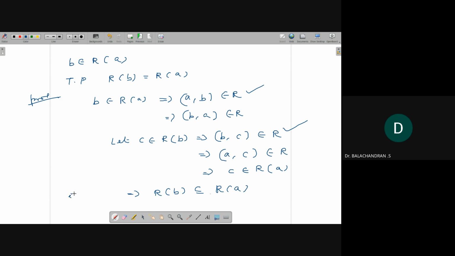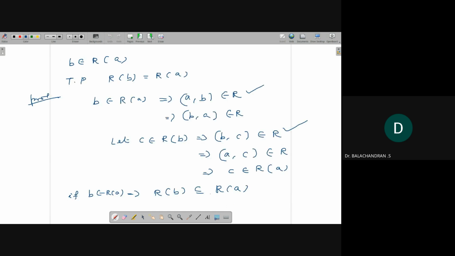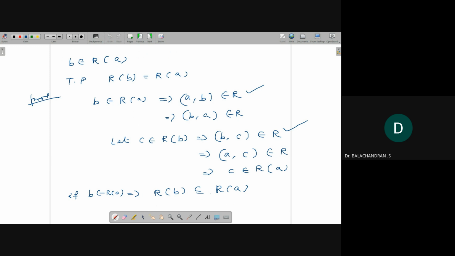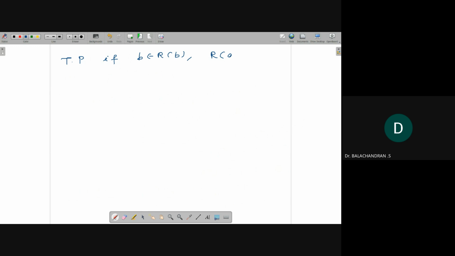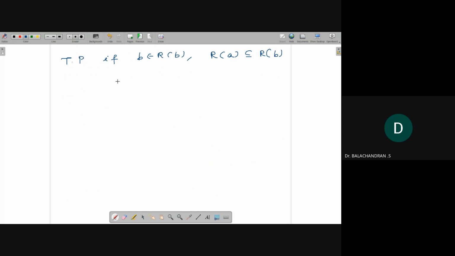That means if B belongs to R of A, it implies R of B is a subset of R of A. Similarly, next to prove, again assume B belongs to R of A. I need to prove the other way: R of A is a subset of R of B. I'll take an element again. Now I'll tell you how to do it.